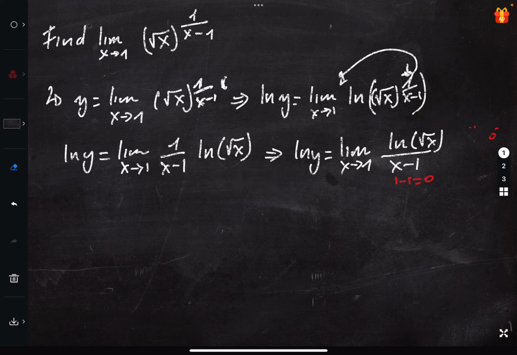Essentially, what I'm going to do next is use L'Hospital's rule to find a solution. L'Hospital's rule states that we're going to take the derivative of the top and the bottom, right? So I'm going to take the derivative of the top, so the derivative of natural log of square root of x. I'm going to be using the chain rule.